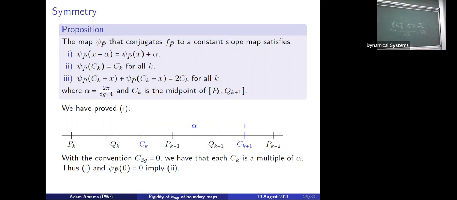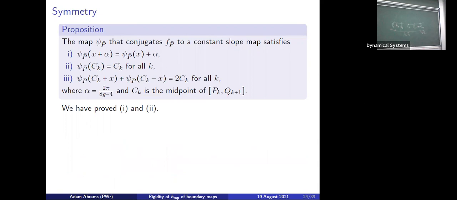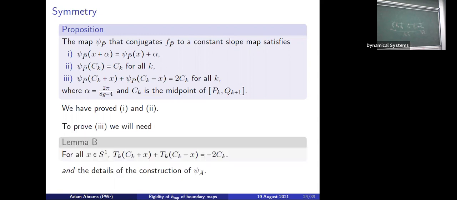Then we have property 3, which takes much more work to prove. As I think I mentioned, about a third of the paper with this result is actually solely devoted to proving property 3. It turned out to be a lot more difficult than we thought it would. It does use the symmetry of the generator, and that was easy to prove, that the individual generators TK are symmetric around CK.